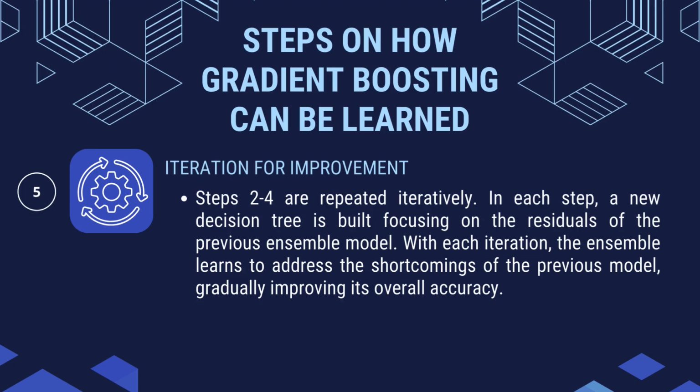Lastly, Step 5: Iteration for improvement. Steps 2 to 4 are repeated iteratively. In each step, a new decision tree is built focusing on the residuals of the previous assembled model. With each iteration, the ensemble learns to address the shortcomings of the previous model, gradually improving its overall accuracy.